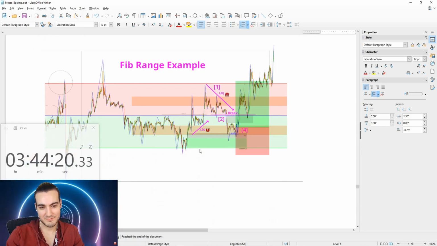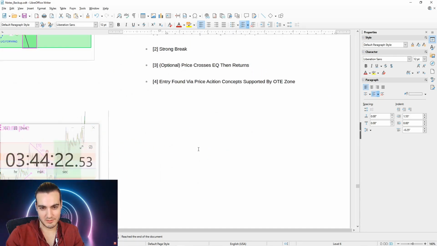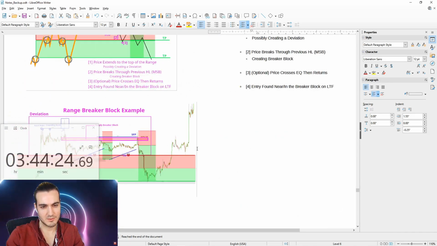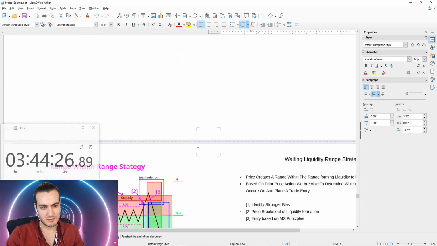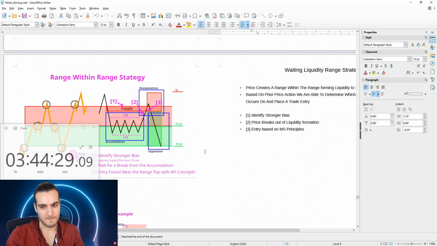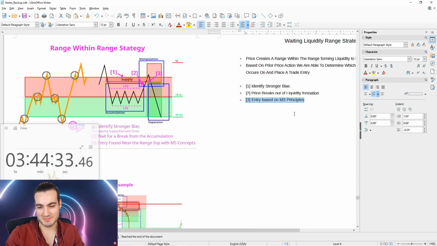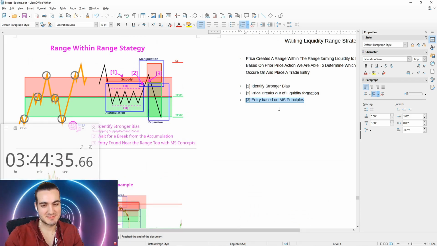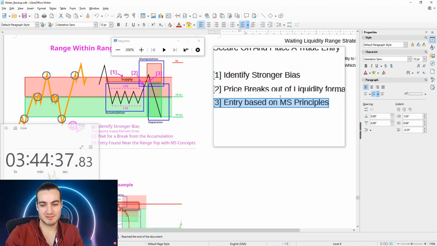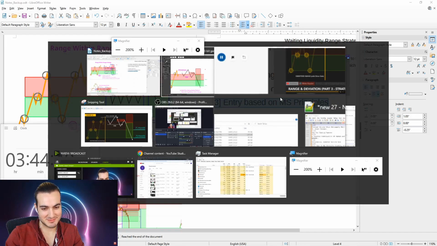We only have 15 minutes left. Hurry, hurry, hurry. Where are we? World's most lazy step. Entry based on market structure principles.